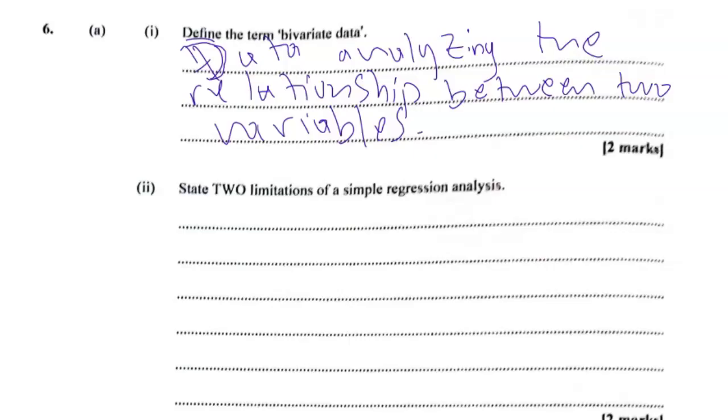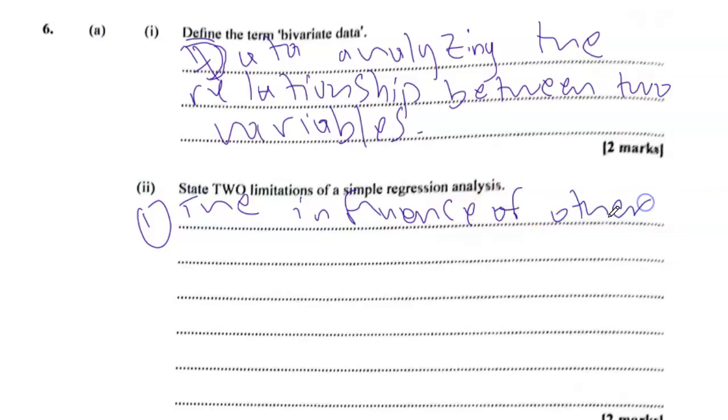State 2 limitations of a simple regression analysis. So one limitation is that the influence of other variables is not taken into account, or you could say they are ignored.